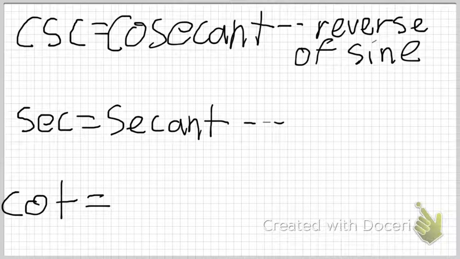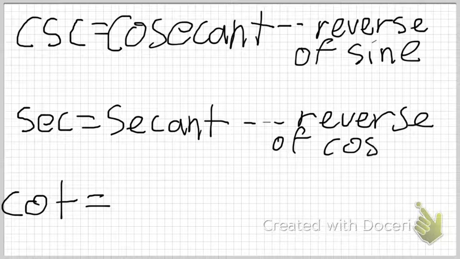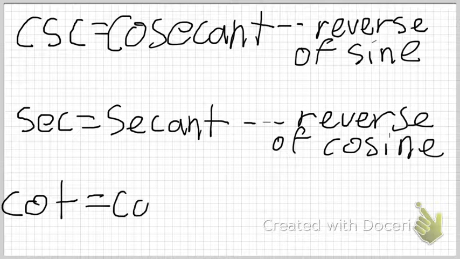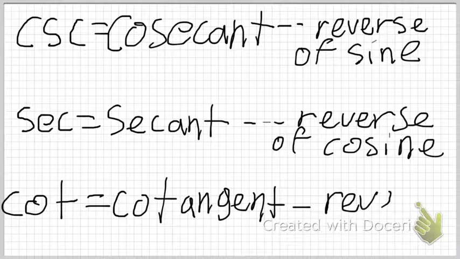And that's a reverse of cosine. In cotangent, it's co and then tangent. And that's a reverse of tangent.